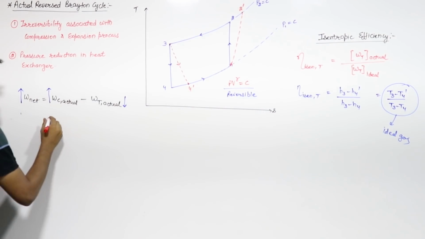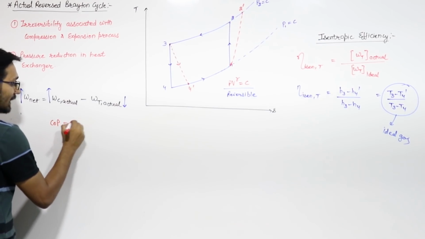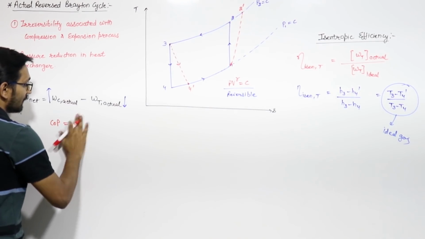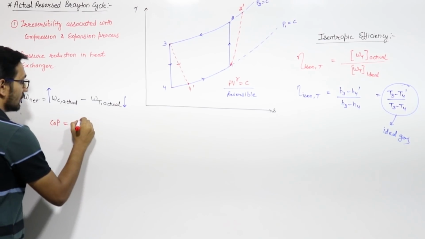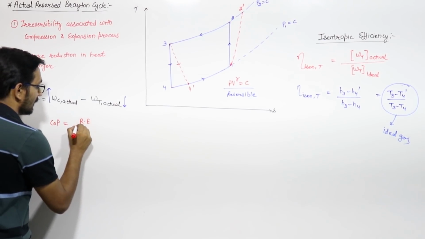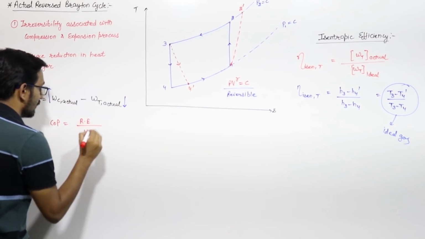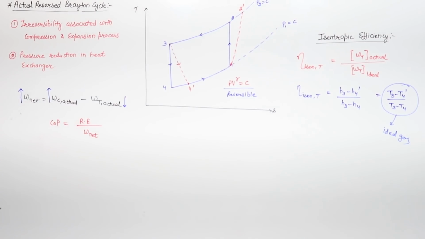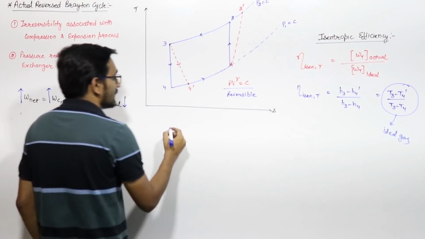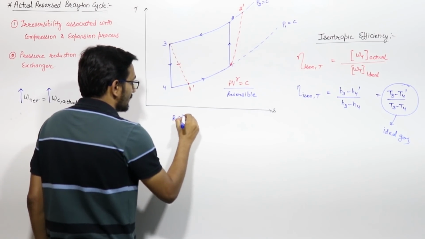W net is increased. If we talk about COP, that is equal to refrigeration effect divided by W net. Now what is the refrigeration effect?